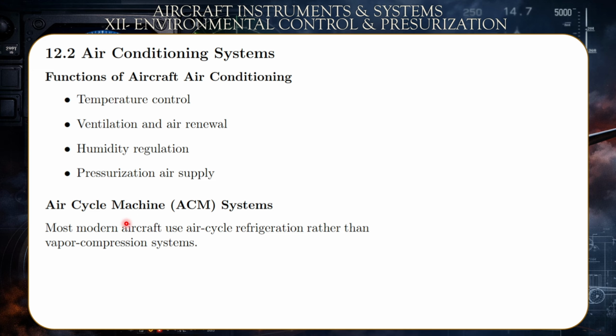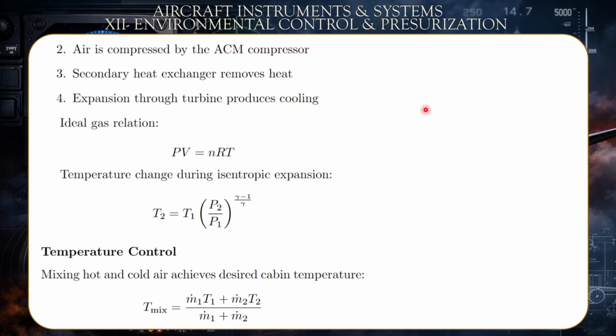ACM or air cycle machine systems: most modern aircraft use air cycle refrigeration rather than vapor compression systems. The air is compressed by the ACM compressor. The secondary heat exchanger removes the heat from the air. Then expansion through the turbine produces cooling.